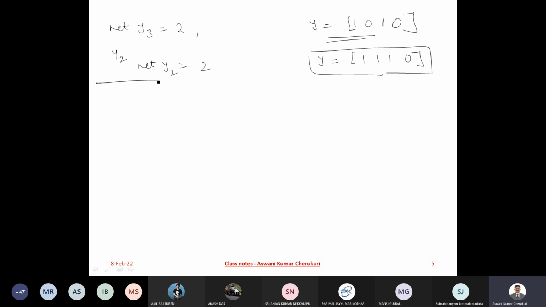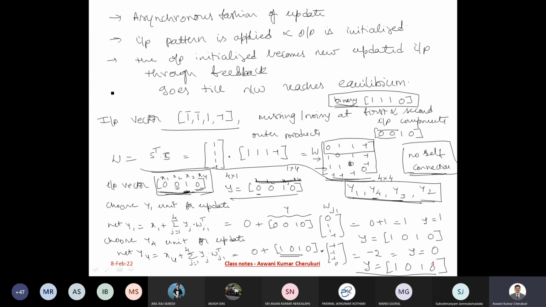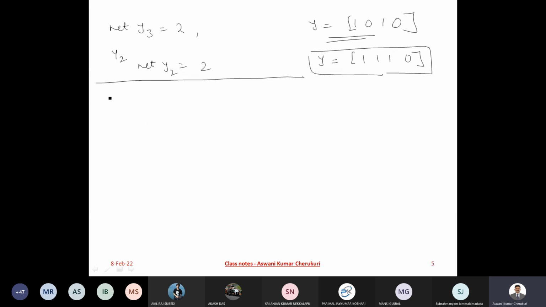Now typically what we generally do is we don't stop here. Again we take this and apply the order: y1, y4, y3, y2. So apply y1 again, then y4, y3, and y2 in order, and check whether finally we are getting the same y or not.